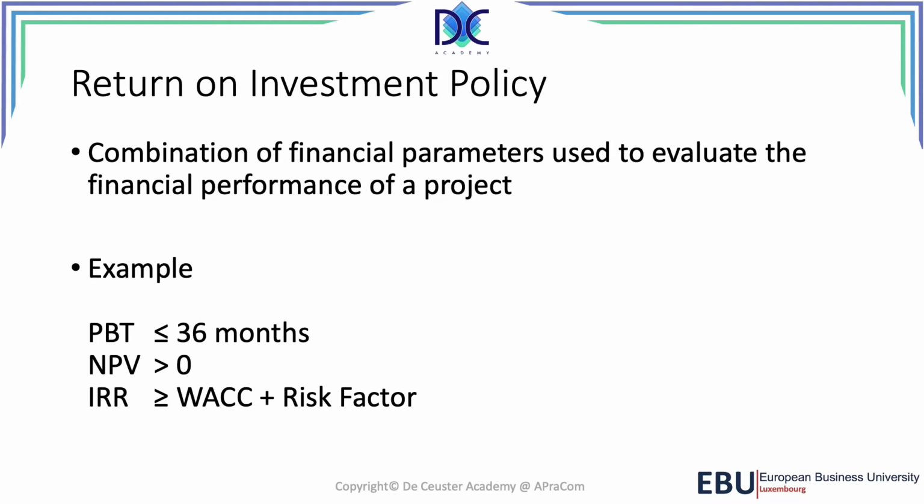In that case, we have to include them. So when we look at the program, we look at those parameters: payback time, net present value, internal rate of return, and some other parameters. We want to optimize the program. We don't want to optimize the individual projects.